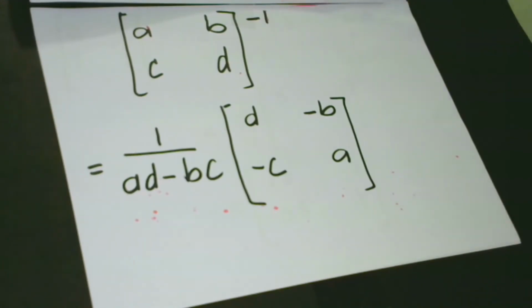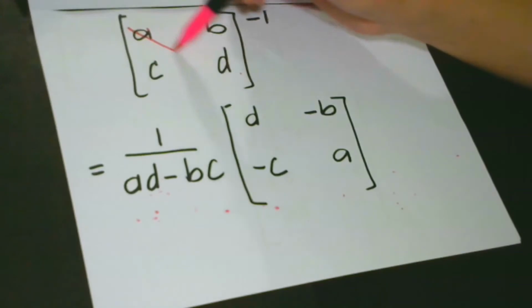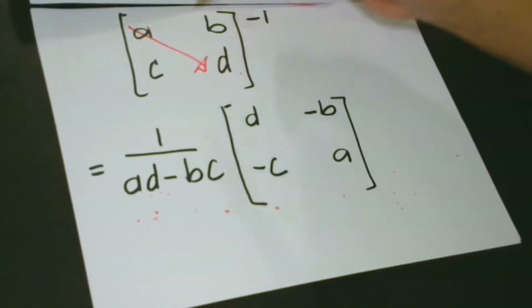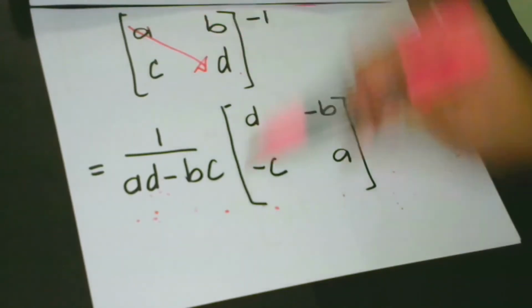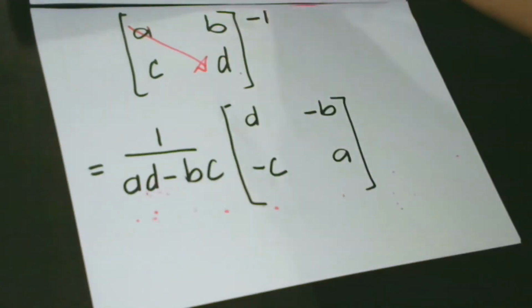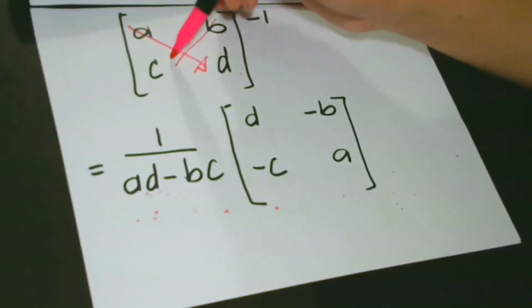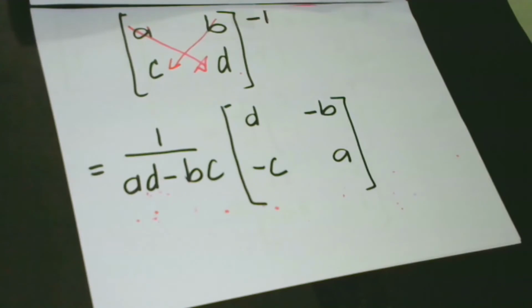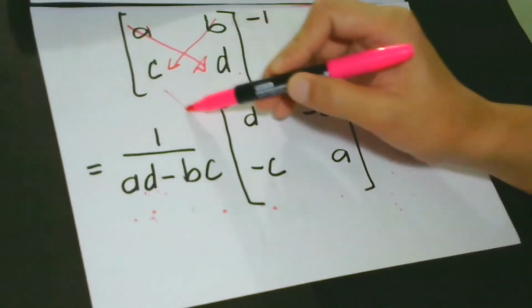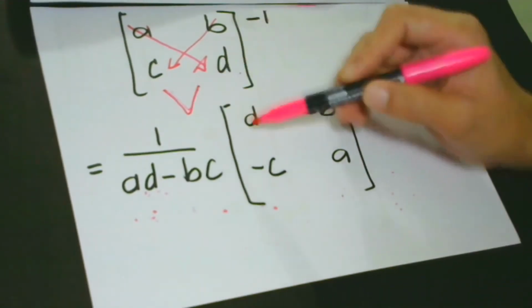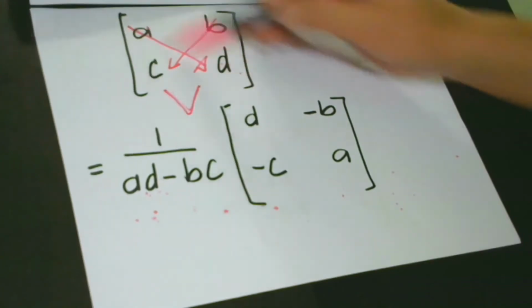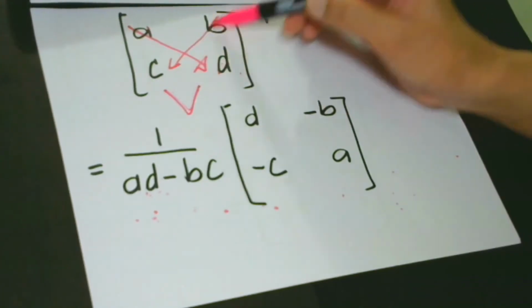So how do we get the determinant? It's very simple. You only have to follow this arrow. That means we're going to multiply first AD, and then B and C. So it's like the letter V. Do not forget the letter V. V first, this way, and then after that, this way.